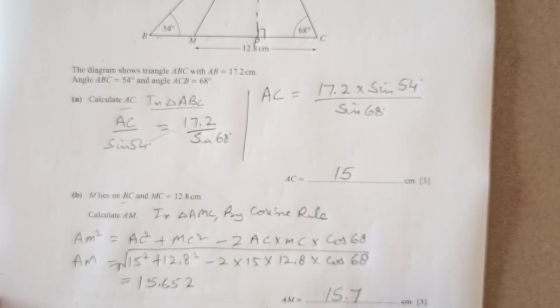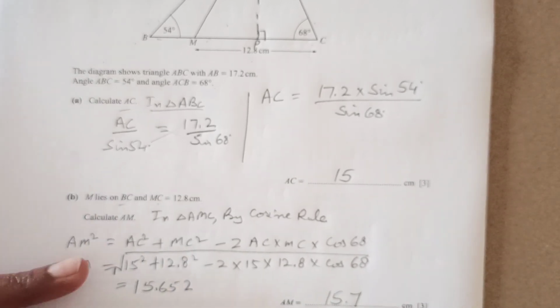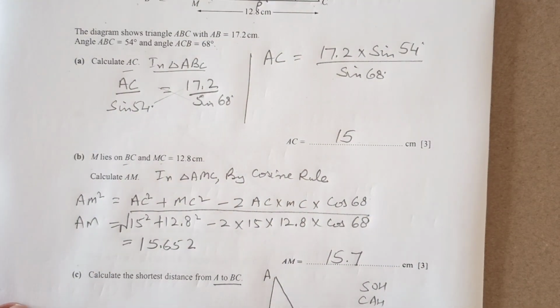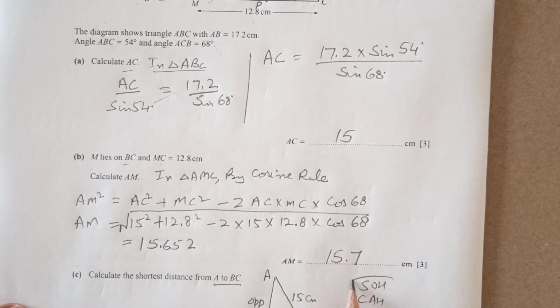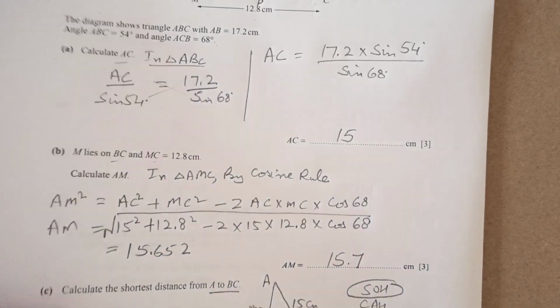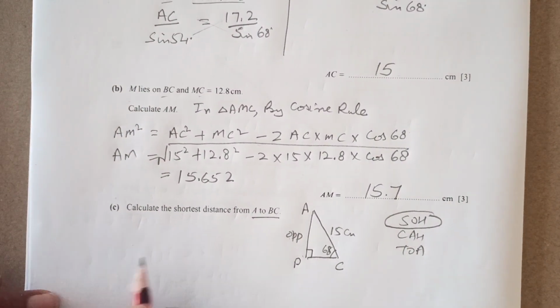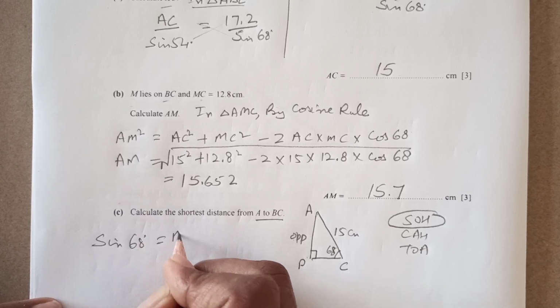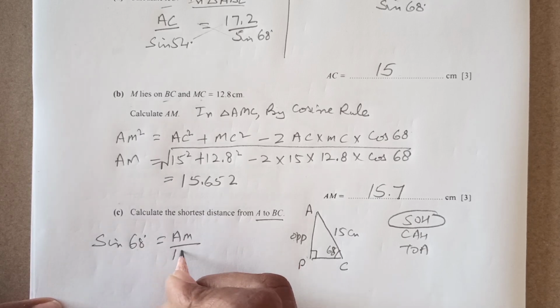So we can use it easily. We have this side 15 and we are looking for this. This is the opposite side and this side is 15 centimeters. So we can include opposite and hypotenuse. Opposite and hypotenuse is for the sine. So sine 68 will be AP over 15.